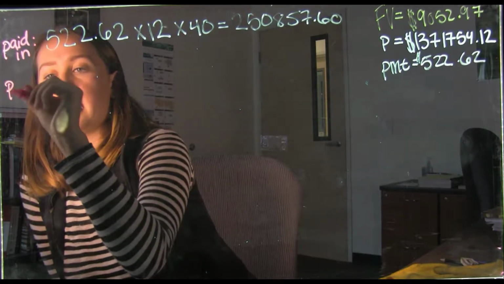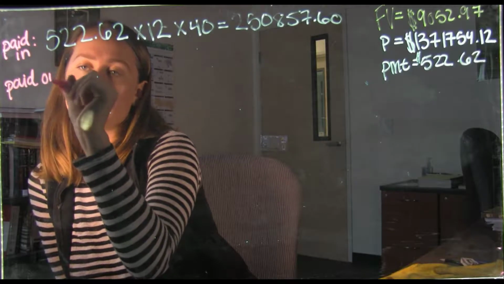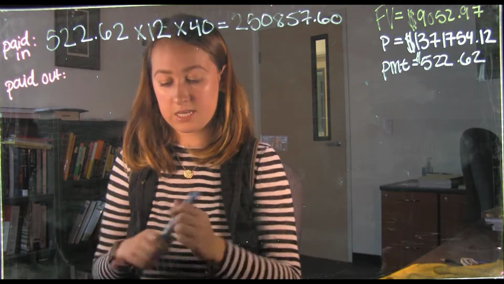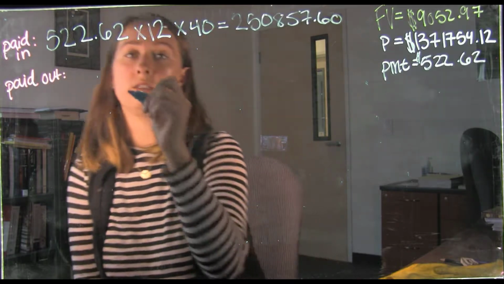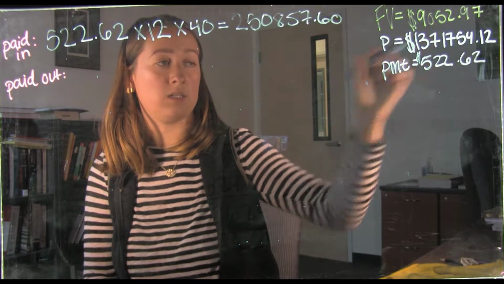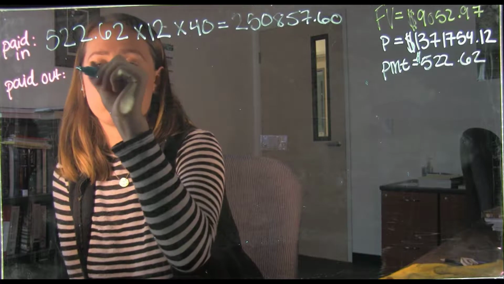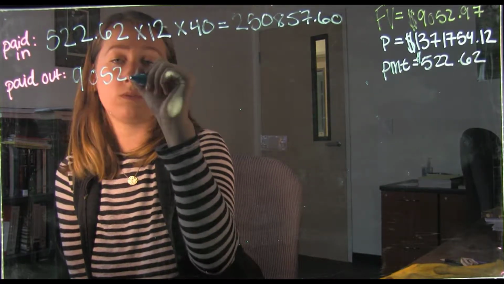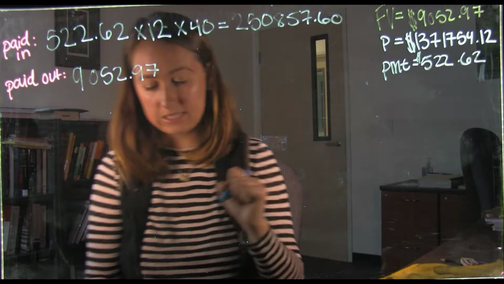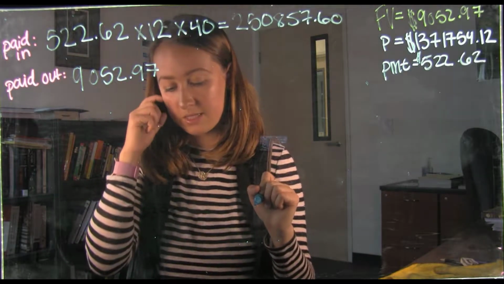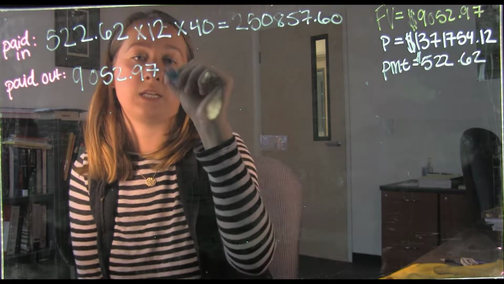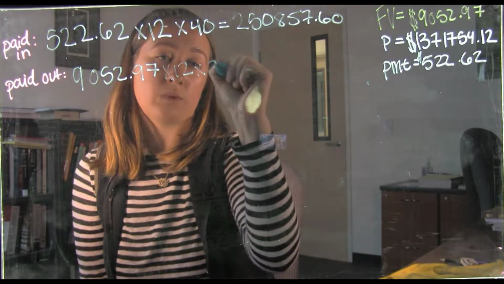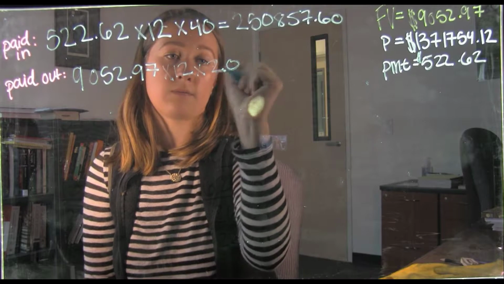And then her paid out is the amount that she was taking out. So she needs every month $9,052.97, because that's her future cost of living that we calculated in the beginning. And she's going to need that every month for the 20 years that she is going to be retired.